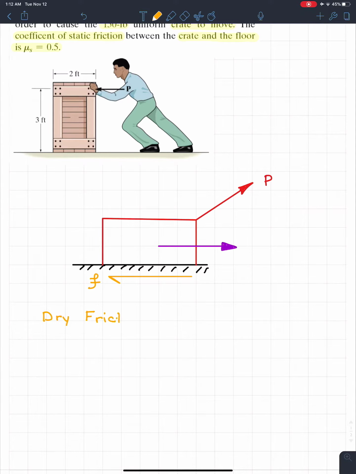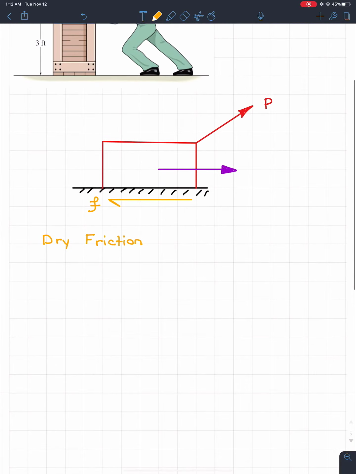And what this means, which is great for us, is that the frictional force F is proportional to the normal force on the crate. So as you guys may have guessed, this crate, it's going to have a weight pulling it downwards, and then to counteract that weight, the floor provides a normal force on the crate going upwards. So this normal force will go like this, and this will be N.